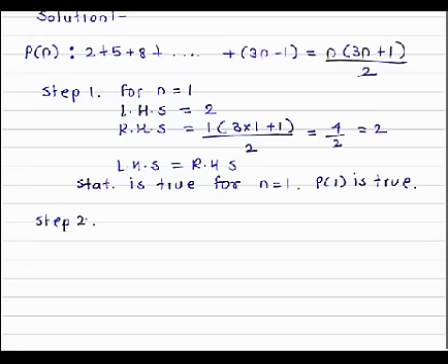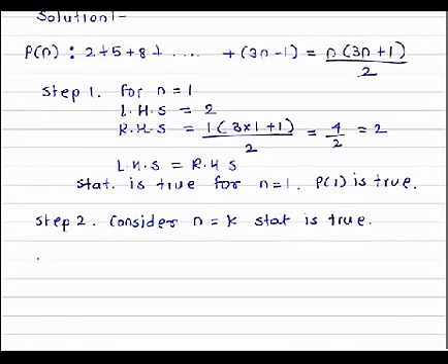Step 2. In step 2, we have to consider the statement is true for n is equal to k. So consider n is equal to k, the statement is true. It means just replace n by k in the original statement.